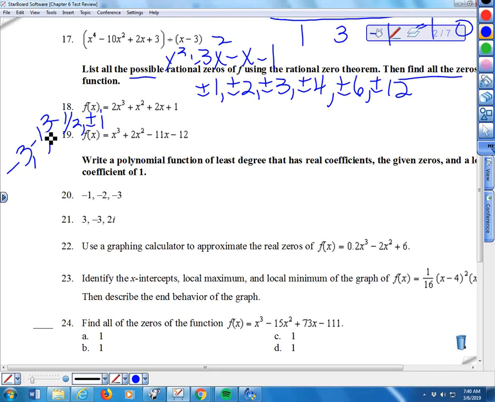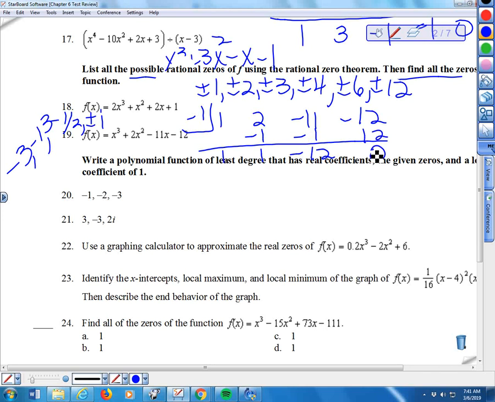Okay, so now I'm just going to start with one of the zeros, which is negative 1. So I'm going to do 1, 2, negative 11, negative 12. If this works, if I do it correctly, I should get a 0 remainder. 1, negative 1, 1, negative 1, negative 12, positive 12, there it is. I really only need to do it one time because what I have left is x squared plus x minus 12 equals 0.